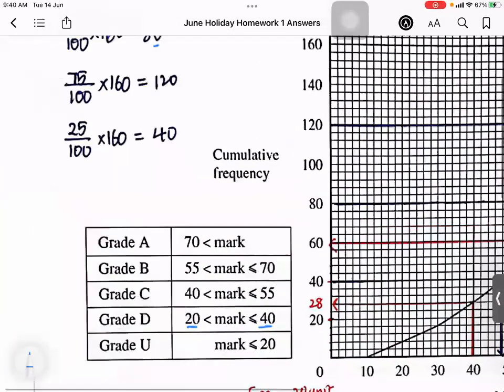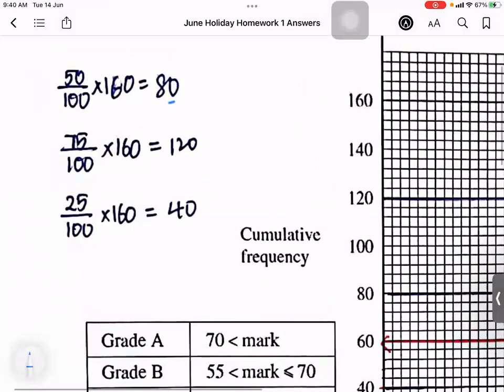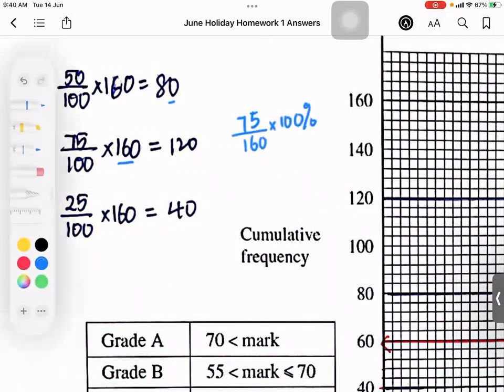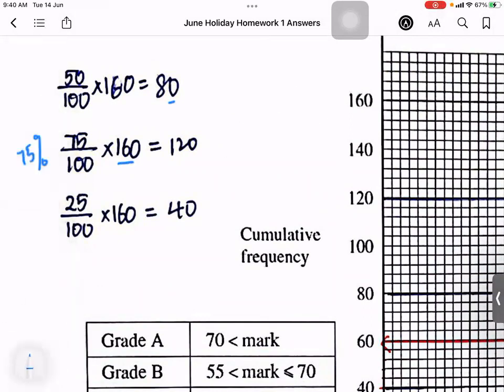Interquartile range. Upper quartile is 75% of 160. Some students like to do 75 over 160 times 100. They do it the wrong way, so this number is not correct. Just be careful, don't count the wrong numbers.